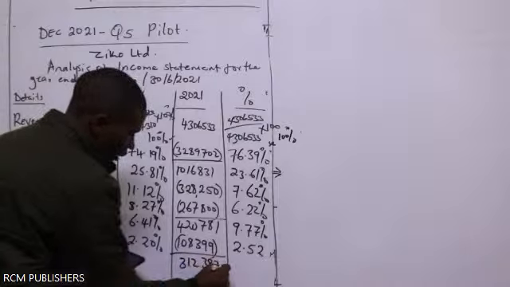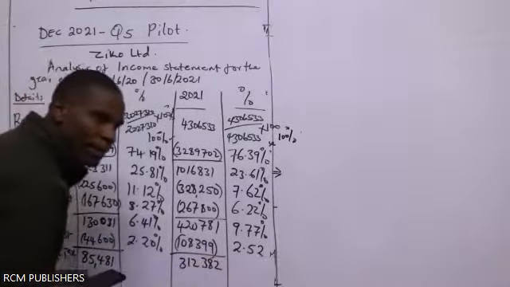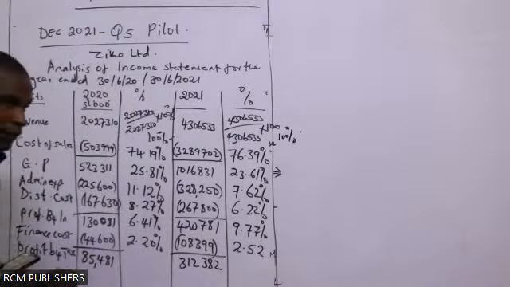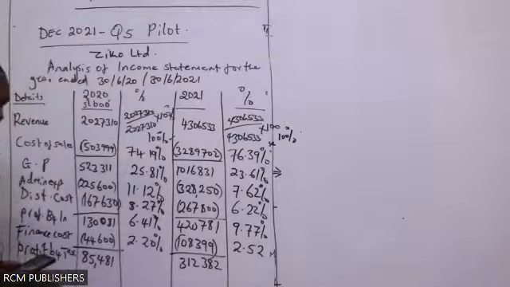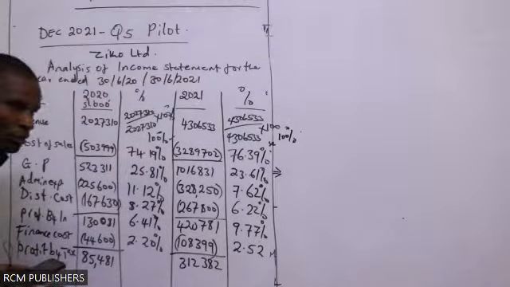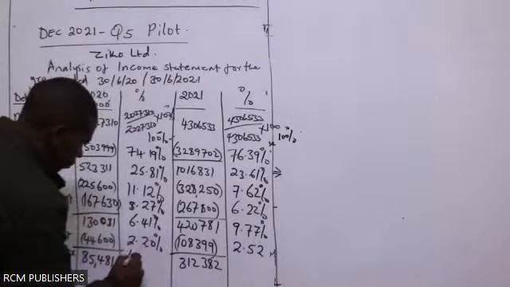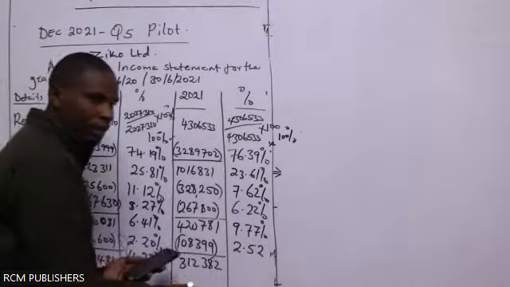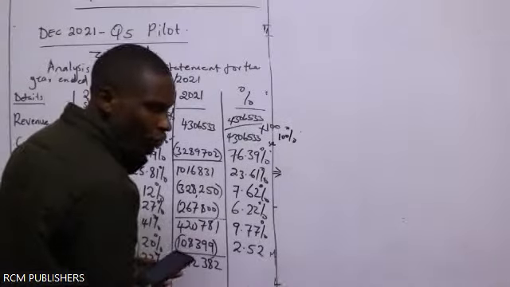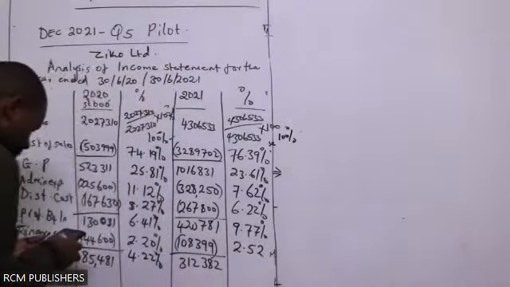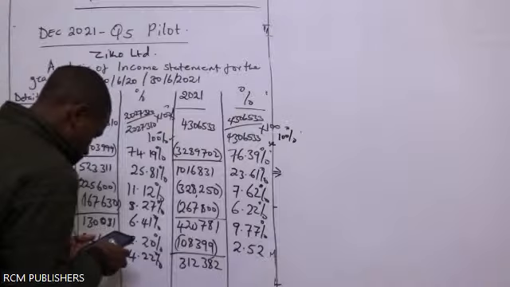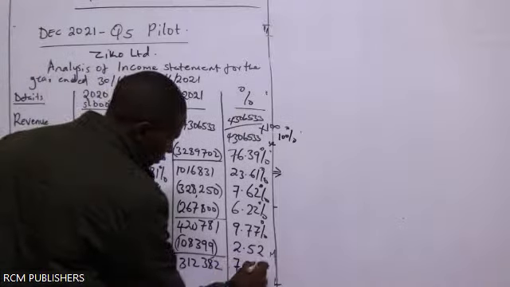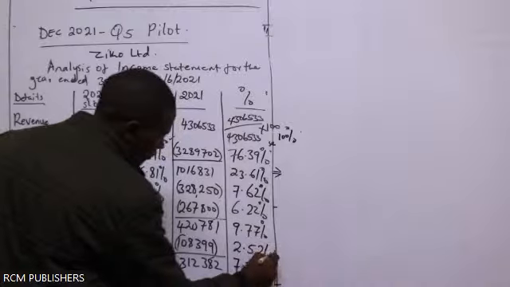Give me those. What do we get for 2020? 4.22%. The other one is how much? Yeah, 4.2 is okay. One decimal point is fine. Income tax expense also 7.25%.